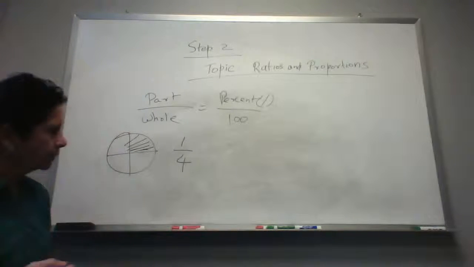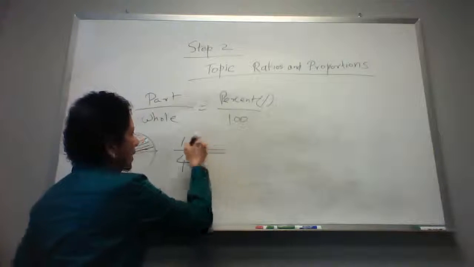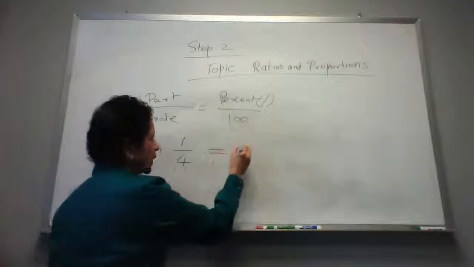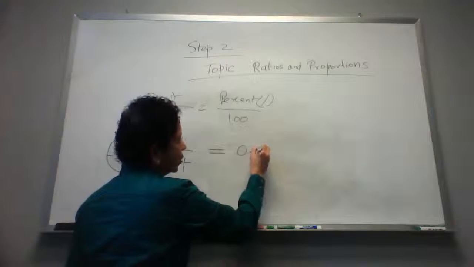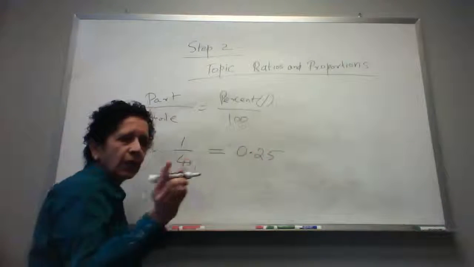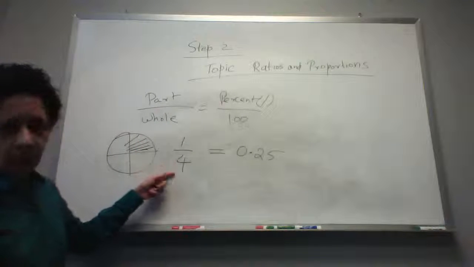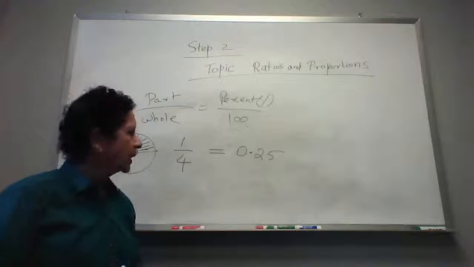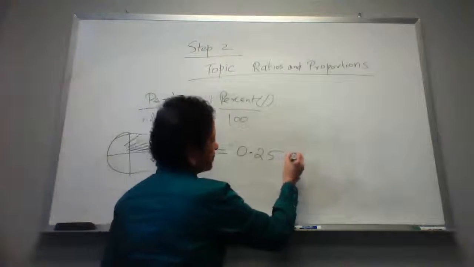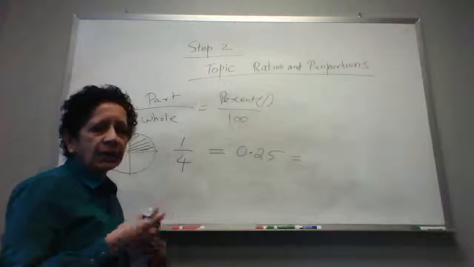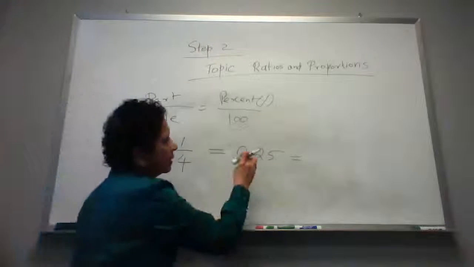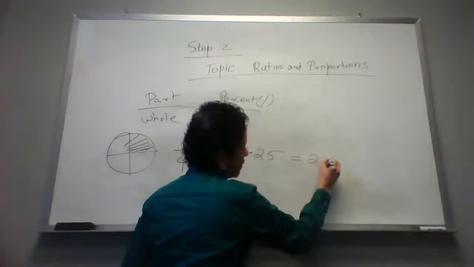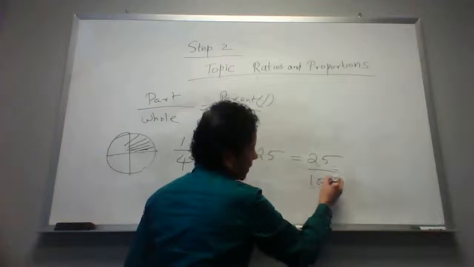When you convert it to decimal with long division, you get 0.25. You can do it in your calculator, 1 over 4, and you get 0.25, right? And if you want to write it as a percent, you move the decimal point 2 places to the right, so it's 25 over 100, okay?